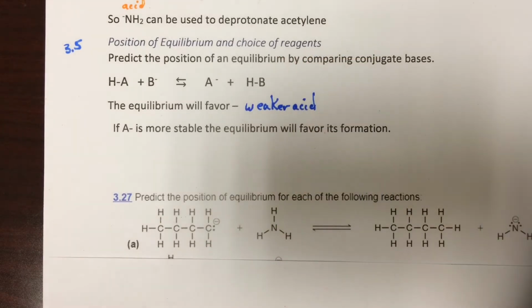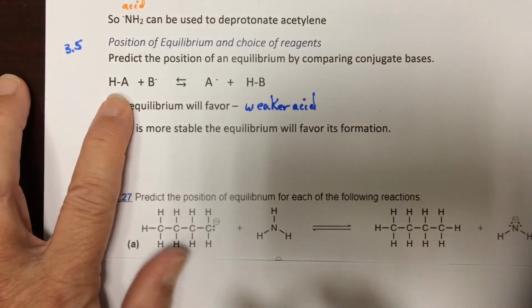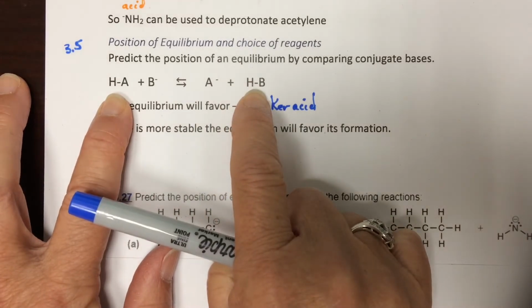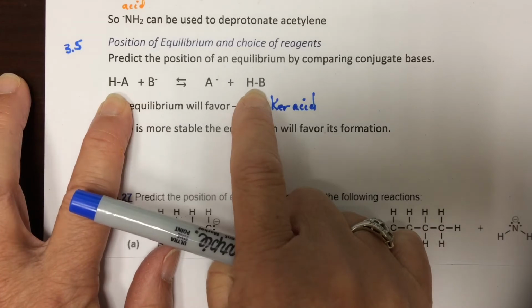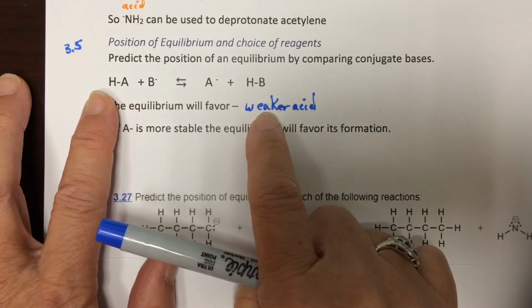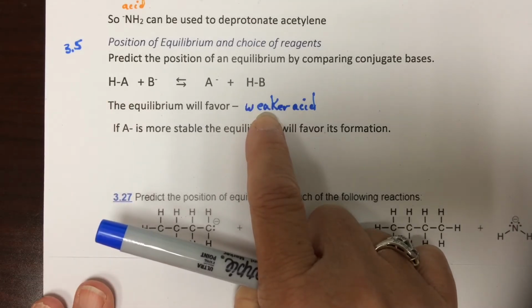You can think about it as we've got two acids here, acid A and acid B. Both of them want to get rid of their proton. The one that's going to be more successful at getting rid of its proton is going to be the stronger one. So you're going to have more of the weaker one. It's not going to be able to get rid of its proton. So the weaker acid will be the one that's made.